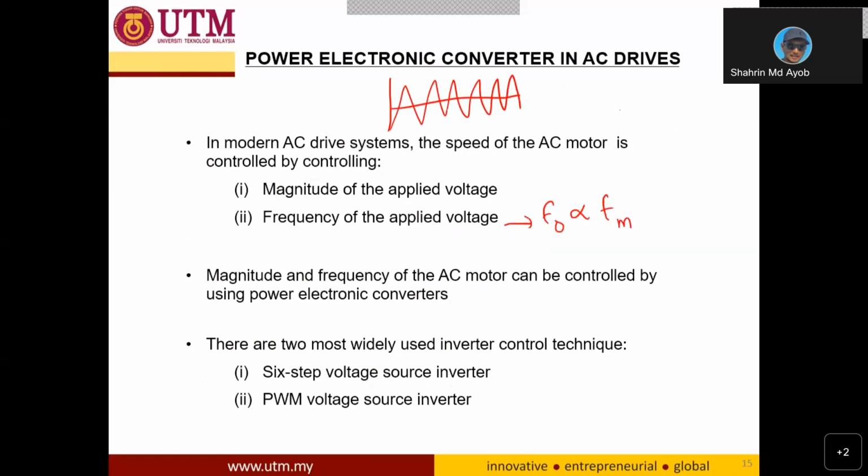Kalau you want the frequency to change to 50 to 100 Hz, then you need to change the frequency modulating. What is the frequency modulating? Sinusoidal. The sinusoidal is the modulating signal. This one is the carrier, FC. This one is your FM. If you want to change the output, then you need to change the frequency of the sinusoid.